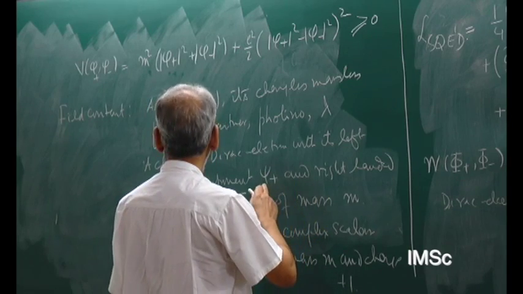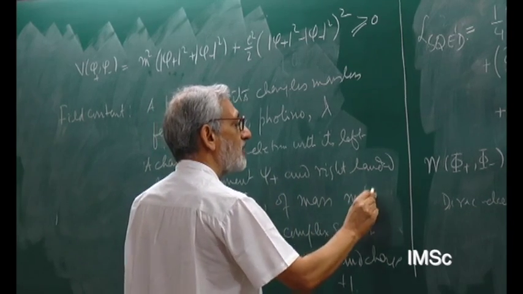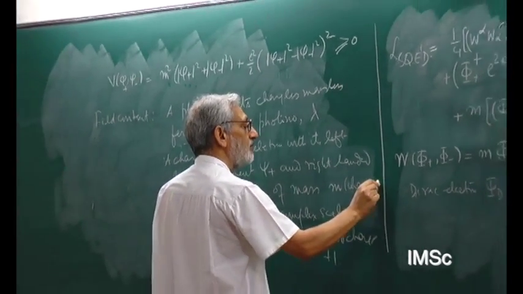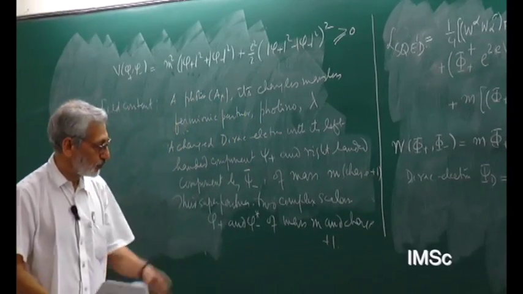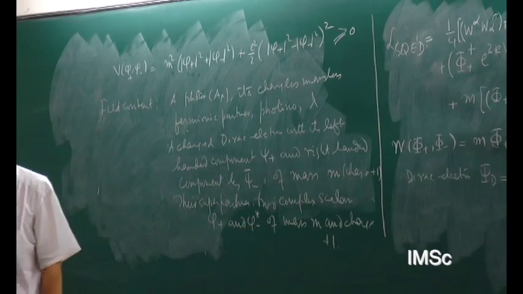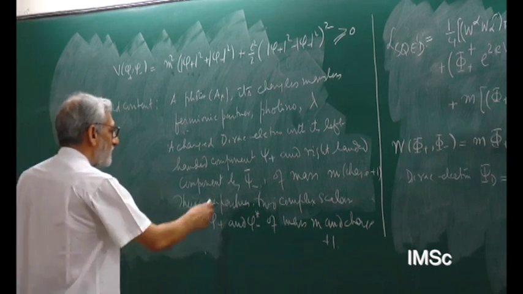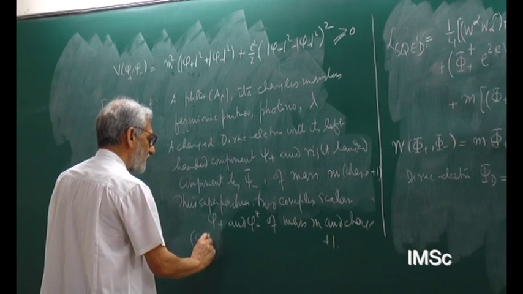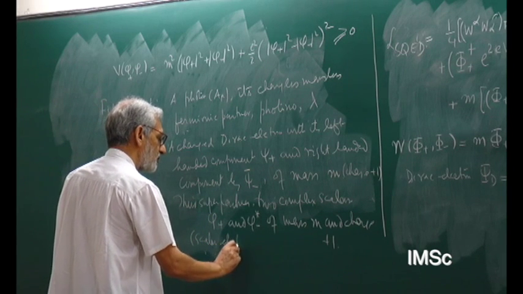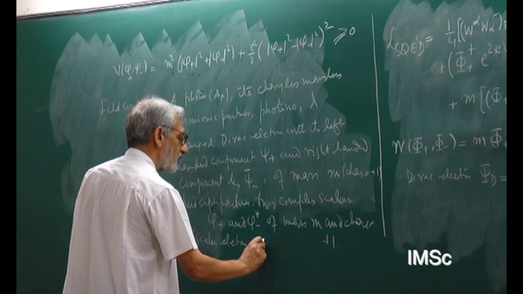And this Dirac fermion was of charge plus 1. Superpartners have the same charge, same mass. You can give a name to it, call it scalar electron, or selectron.